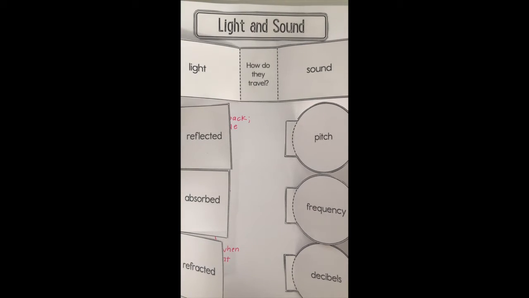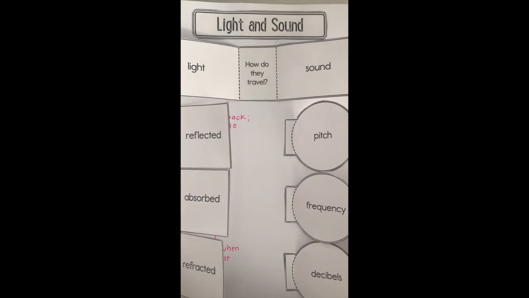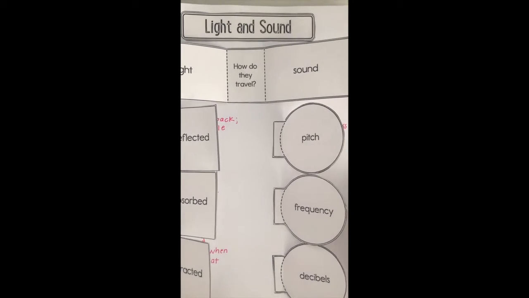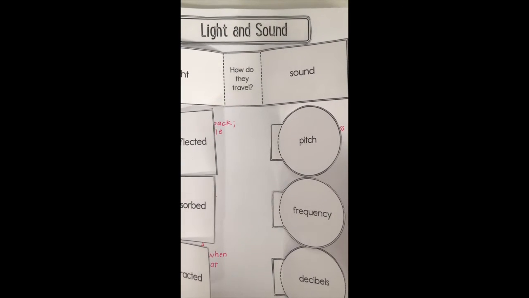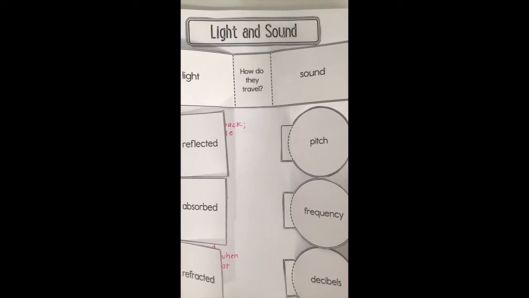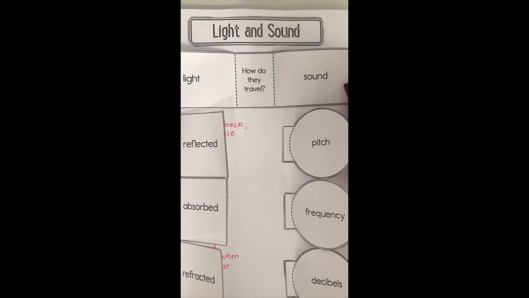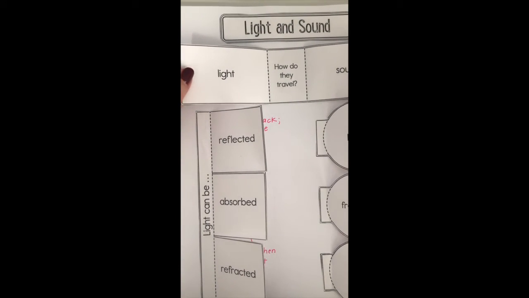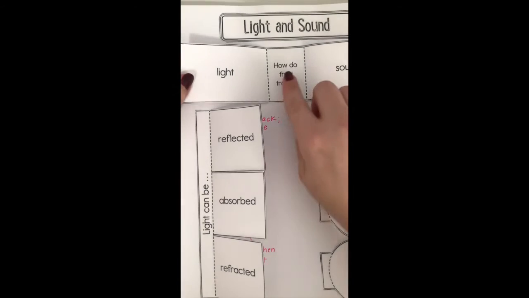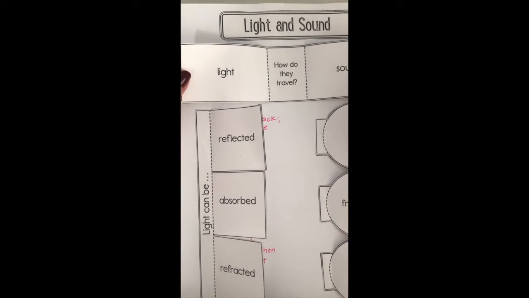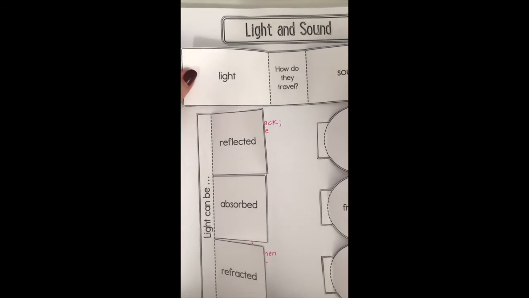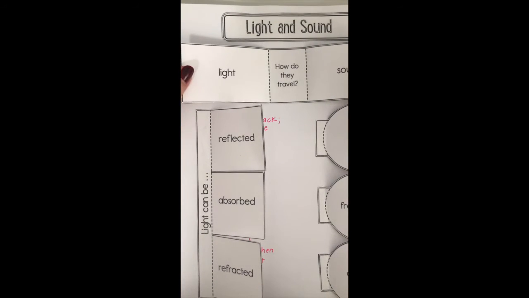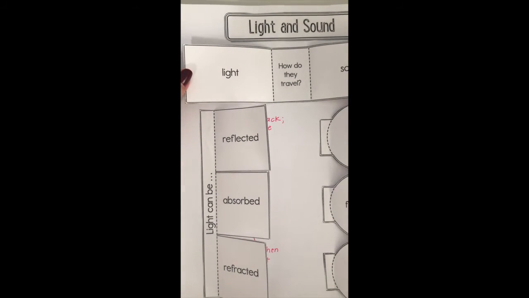Now, after learning about light and sound and the way that they travel today, you're going to have to summarize just how light and sound travels. So by now, we have learned that light does not need matter to travel. So it does not need solid, liquid, or gas to travel, not even air.